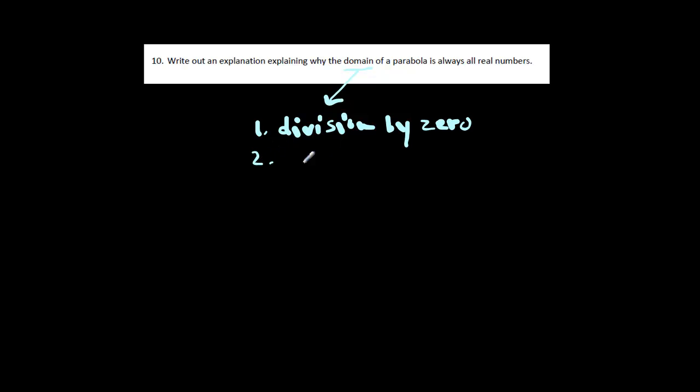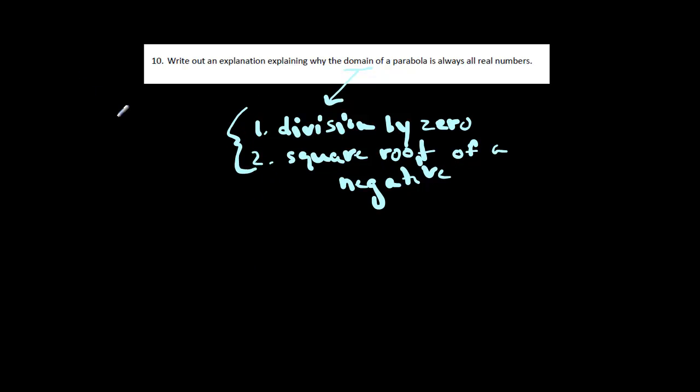The second one is square root of a negative. These here are the two reasons why you would have a restricted domain.